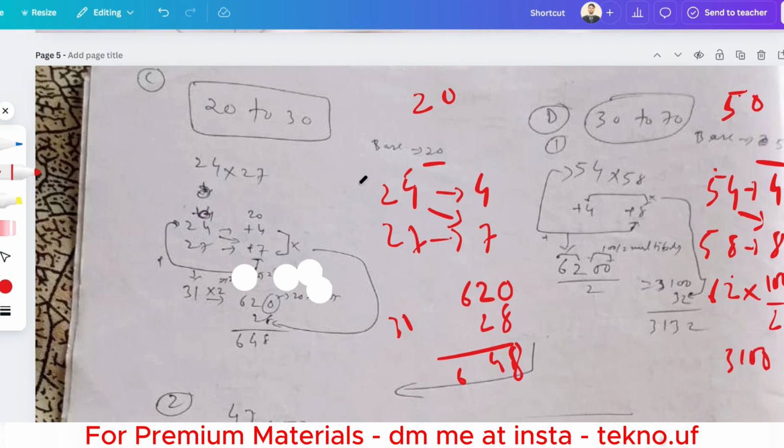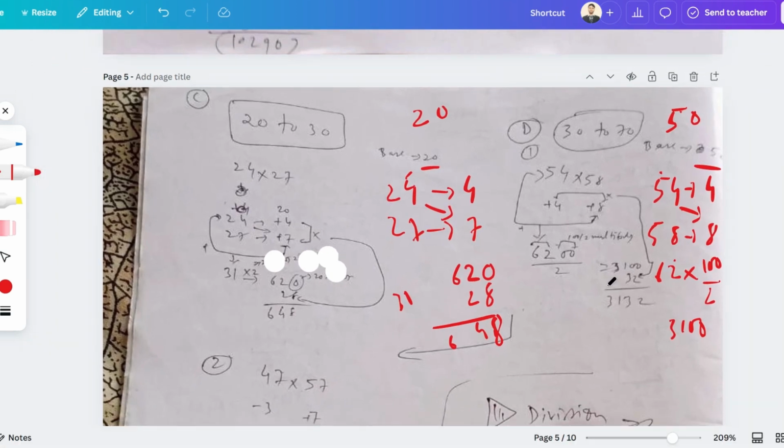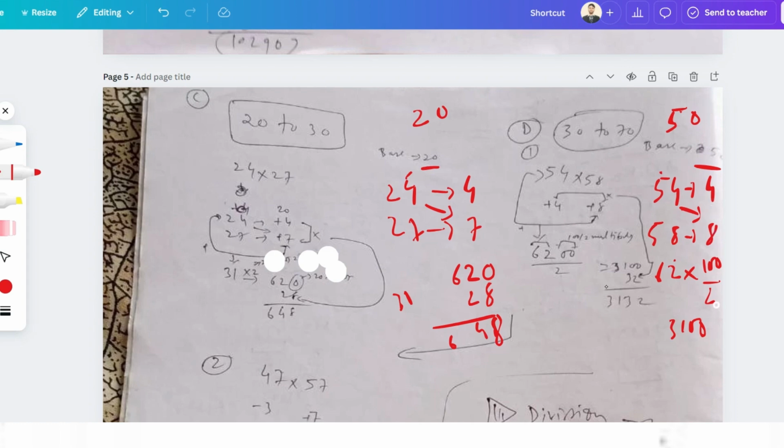I hope this is visible, guys. Actually I'm writing at the right side. So if this is 3100, what you have to do is add this number, 4 into 8, that is 32. So 3132.